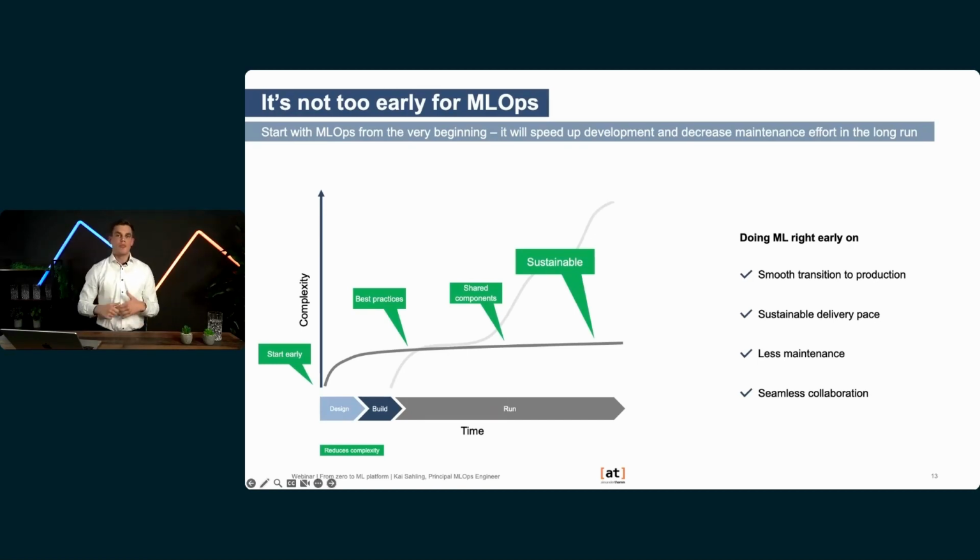You will be able to bring more models into production, to test them quickly, and to quickly react to your customers' demands. You will see a sustainable delivery pace, so your work will not only focus on the maintenance, but you will be able to work on new products. And generally the collaboration between teams will be easier because, for instance, you have these shared components.